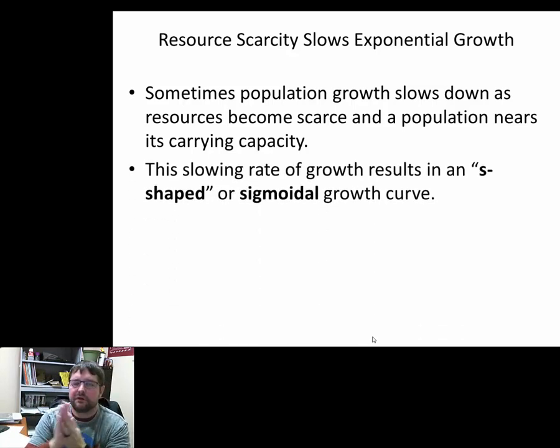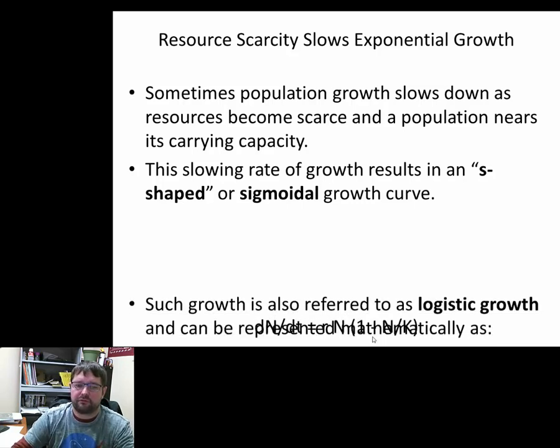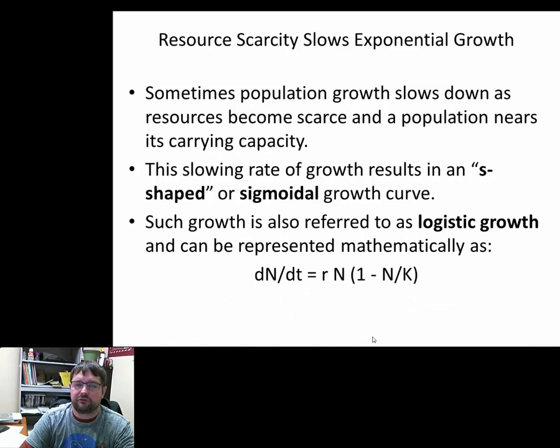And so we call that a sigmoidal or an S-shaped curve, but it's really just a logistic growth curve, and it's represented by this equation here.